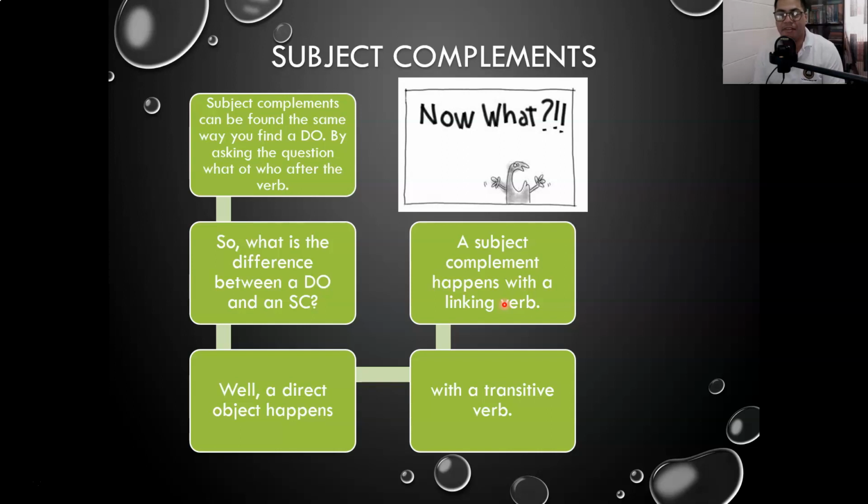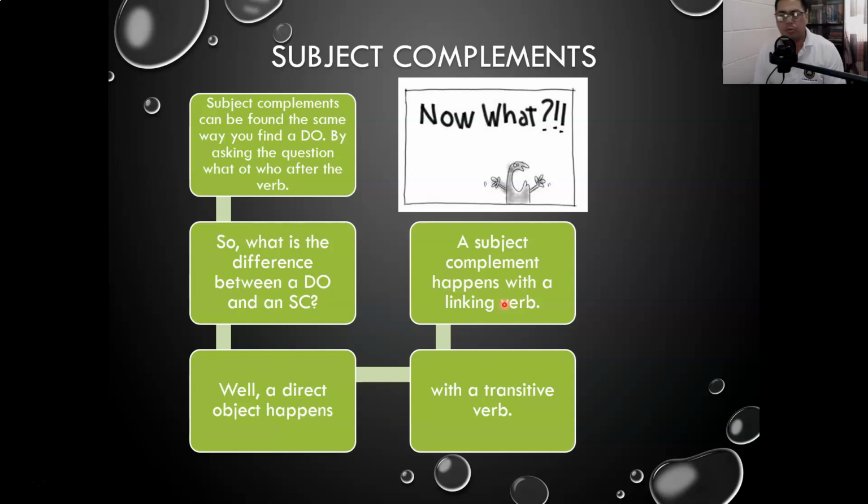What is a linking verb? Well, a linking verb is a sort of verb that reflects back to the subject. It is telling you something about the subject. The most common linking verb is verb to be.